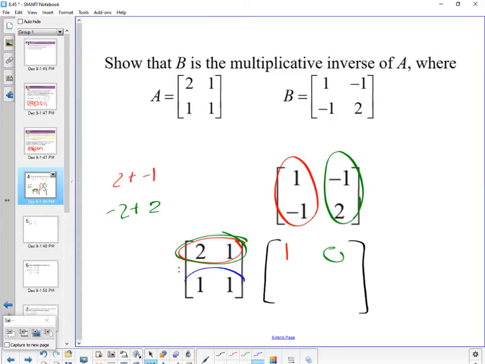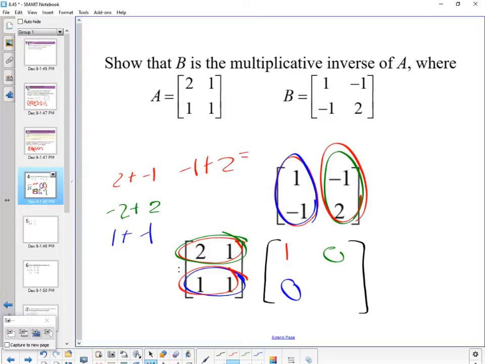Now we're going to go here, the second row, first column. 1 times 1 plus, that's a 0. And then finally, second row, second column. I've got negative 1 plus 2. How much is that? 1. Did I get the identity matrix? Then are these inverses? They are.